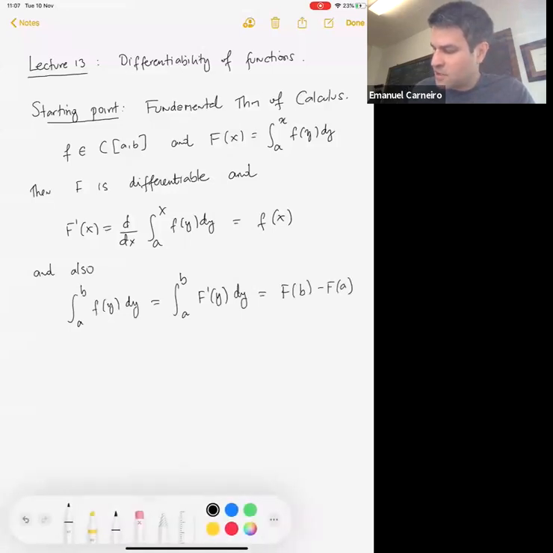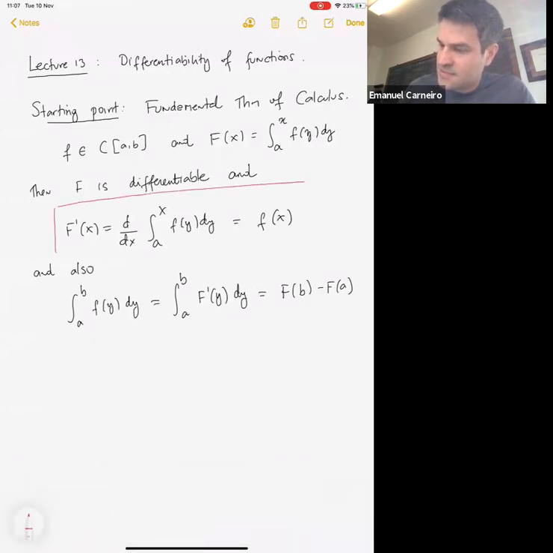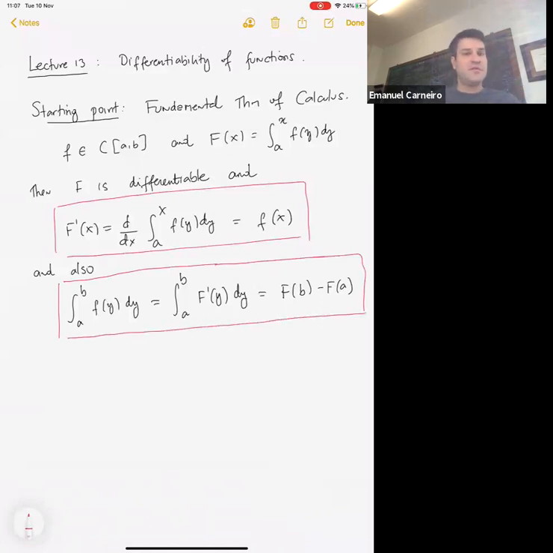So what I just wrote here is the fundamental theorem of calculus written in two different ways. You should just understand it as the statement that derivative and integral, differentiation and integration, are opposite operations.